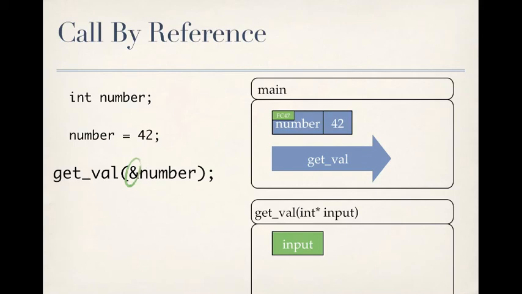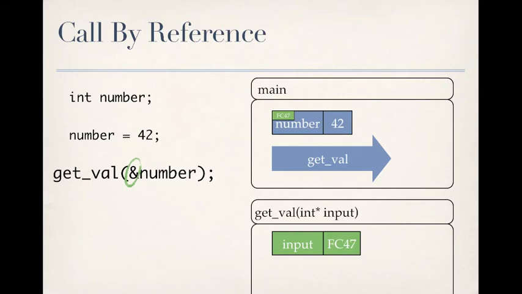You see here again our ampersand, and this says we are not taking the value, but we are taking the address. We do not copy the value, but we copy the address. And this address is now passed over to getVal, and the variable input doesn't have the value 42, but the value FC47.